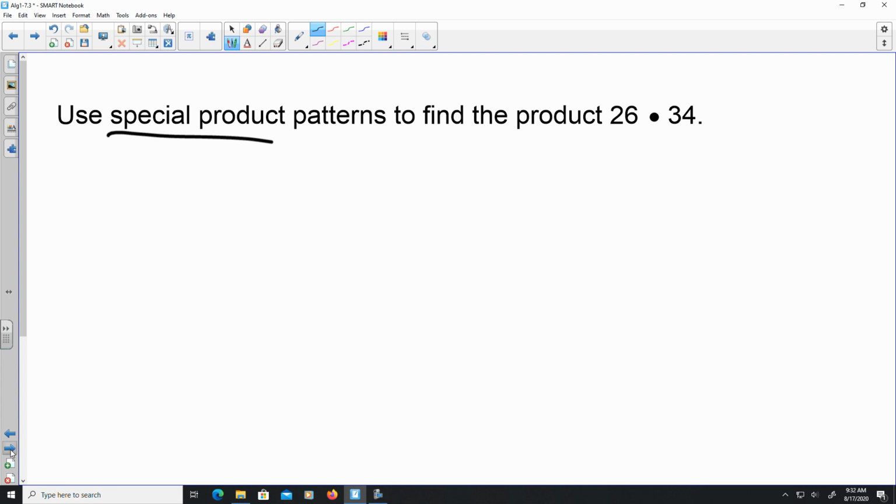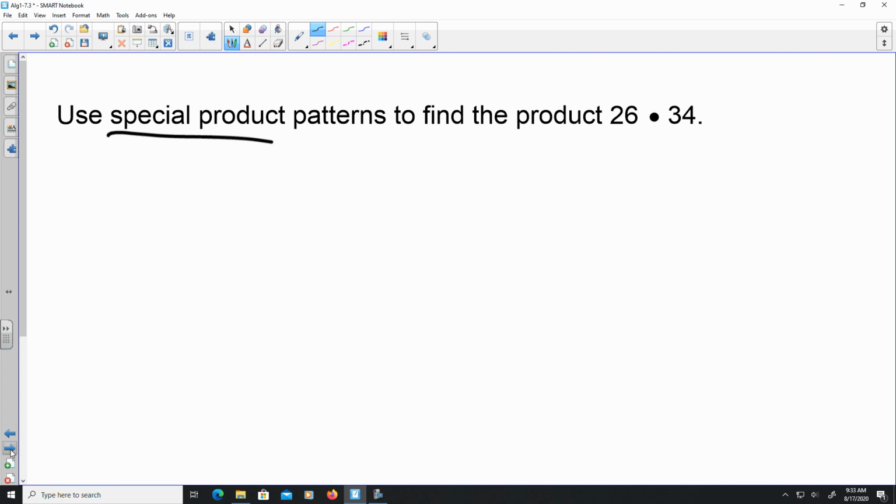So what you're going to take a look at is, what value could you use to commonly share a value that's going to get you both 26 and both 34.